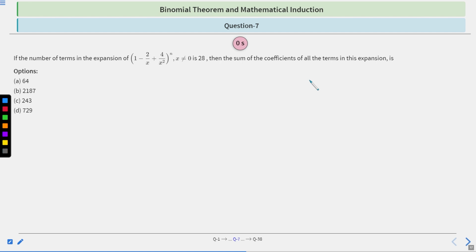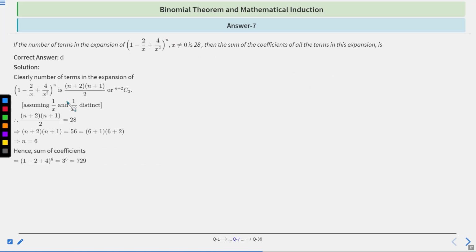Okay, let's move to the solution part. Clearly, the number of terms in the expansion of (1 minus 2 by x plus 4 by x squared) to the power n is basically, as we have studied, (n+2)(n+1) by 2, or (n+2)C2, right? Assuming 1 by x and 1 by x square are distinct. So (n+2)(n+1) by 2 is equal to 28.